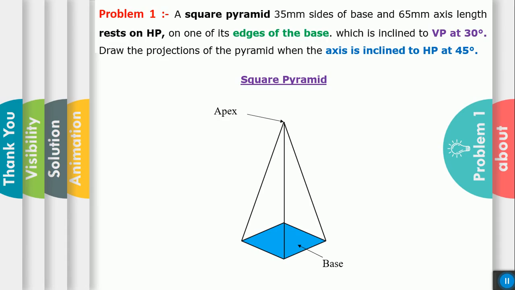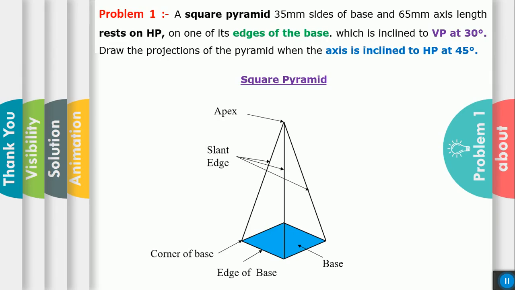The base has four edges, two at the front, two at the back, which are known as edges of the base. Also, the base has four corners, which are known as corners of the base. The apex and base are joined with four inclined edges, which are known as slant edges.